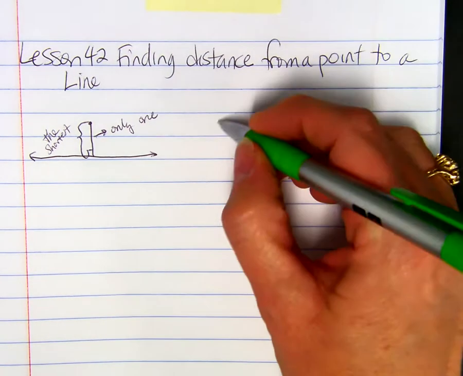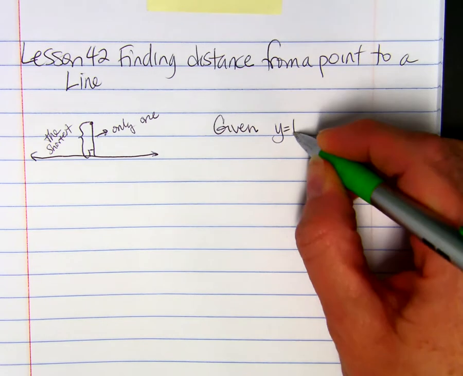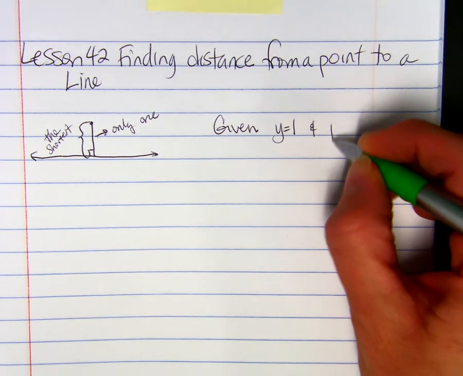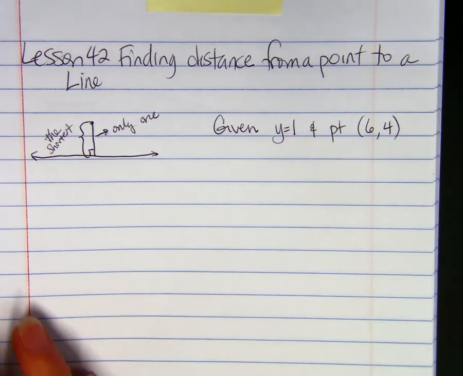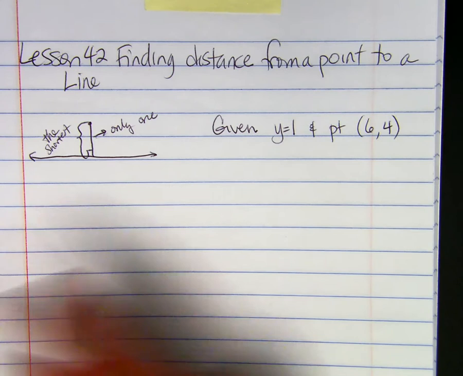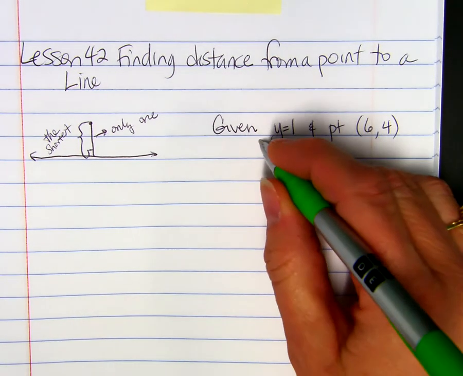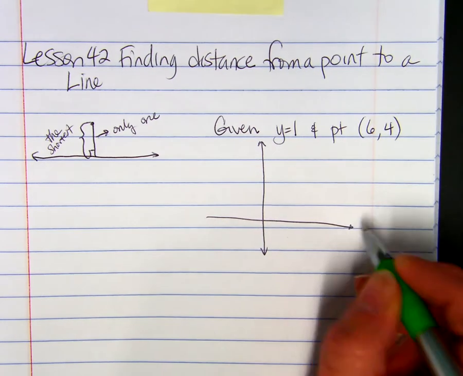So if you are given a line y equals 1 and the point 6, 4. Wait, y equals 1 is not a vertical line, it's a horizontal line.